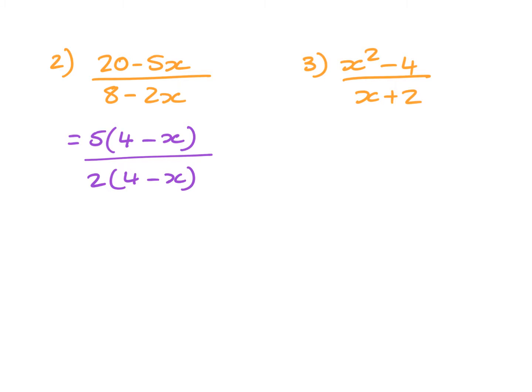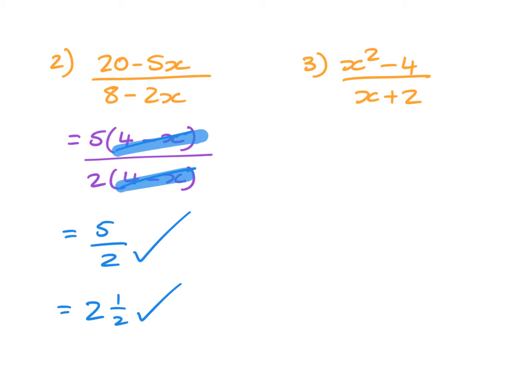Now I can identify that the 4 minus x term is common to both numerator and denominator, so I can cancel those out, and my answer is going to be 5 over 2. We can simplify that if we wanted to, to 2 and 1/2.